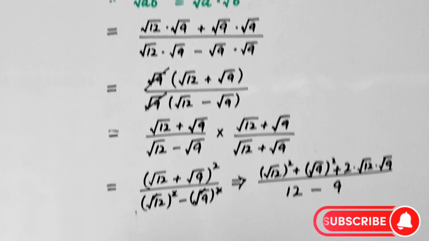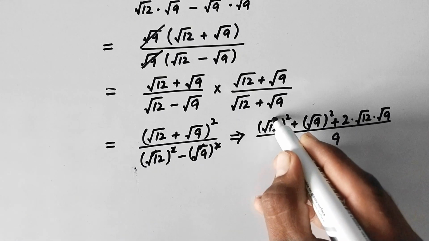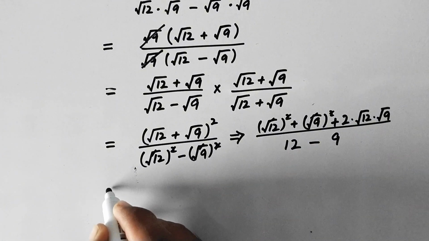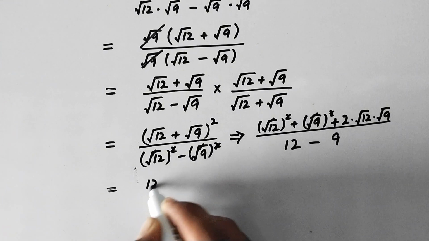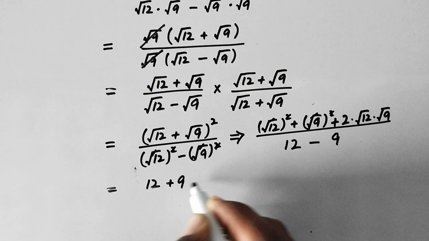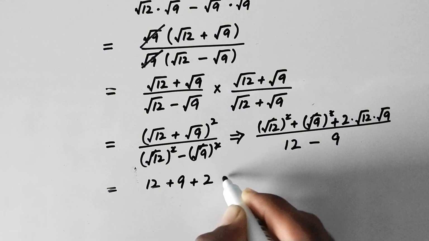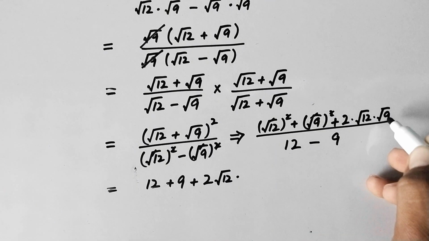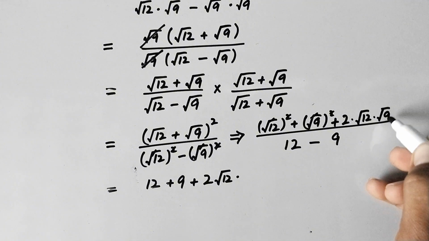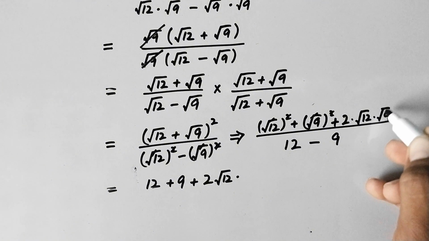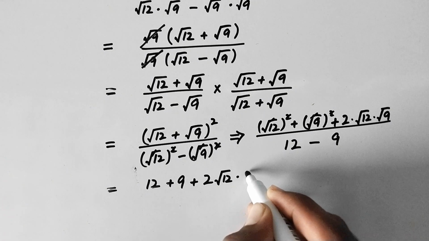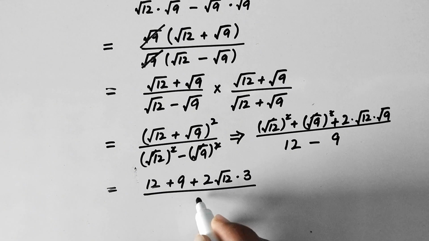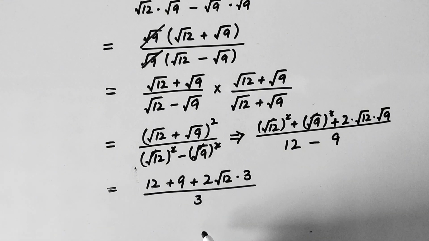And now in the numerator also, this square root will be cancelled by this square, and this square root will be cancelled by this square. So we will get here 12 plus 9 plus 2 times square root of 12 times, here we will write 3 as 9 is the square of 3, and the square will be cancelled by the square root. So here will be 3, divided by 12 minus 9, which is equal to 3.